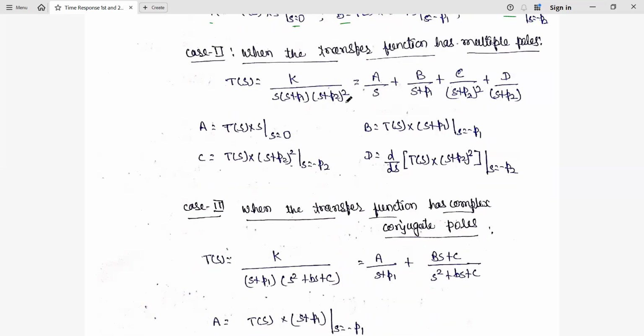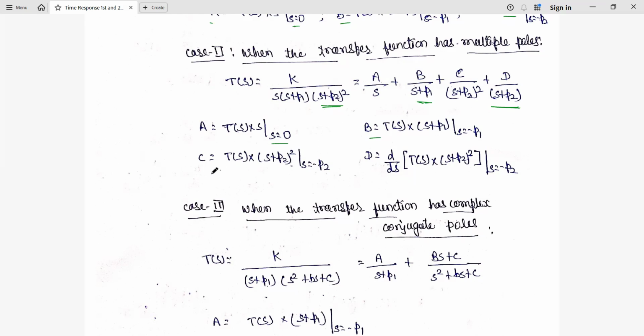Here you have a square in the denominator, s plus p2 whole square. In this situation, we have a by s plus b by s plus p1, c upon s plus p2 whole square, plus d by s plus p2. This is the extra term in the case of multiple poles. A is obtained as before: the transfer function is multiplied by s and we substitute s equal to 0. B is also obtained as before, multiplied by its denominator with s equal to minus p1.